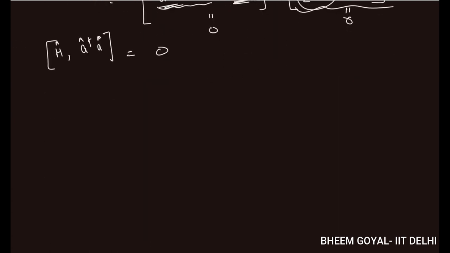Moving further, now I am trying to find the commutator of a and a dagger. You just think of these small problems. If I want to find this, how can I do this? I will simply write a a dagger minus a dagger a.